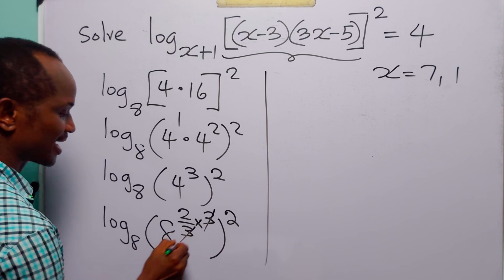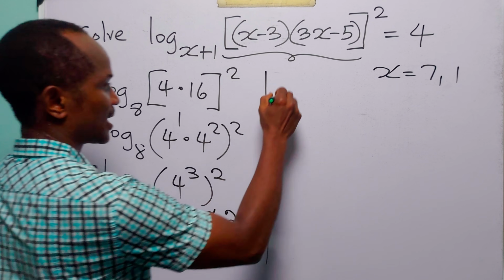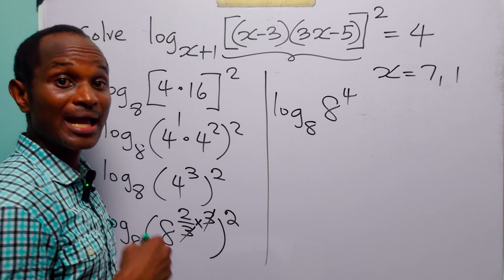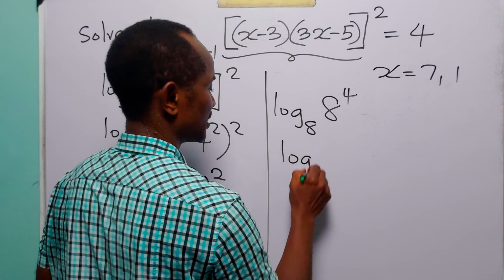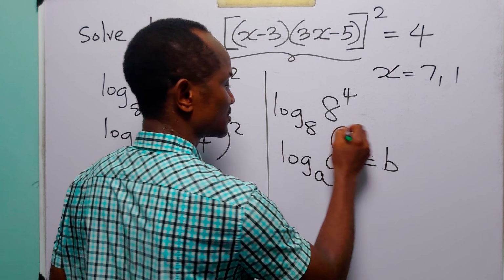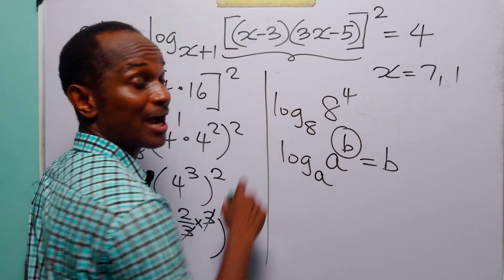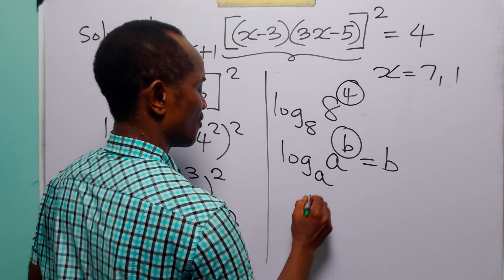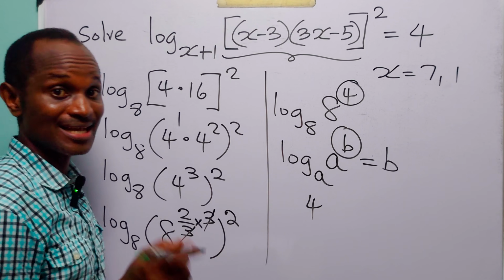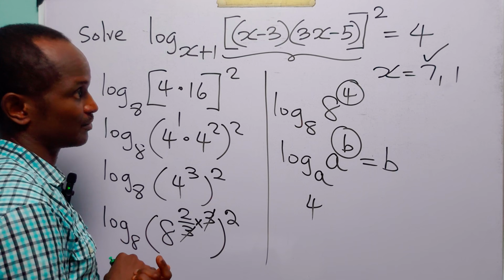Now 3 is going to cancel 3. 2 times 2 is 4. So here we have log to base 8 of 8 to the power 4. Now remember that log to base a of a to the power b is equal to b. So that simply means that log to base 8 of 8 to the power 4 is equal to 4. And of course, you can see that 4 is exactly what we have on the right-hand side. So this value of x satisfies the equation.